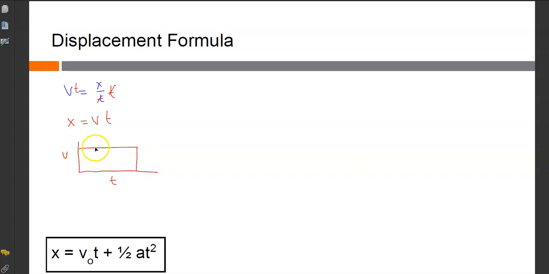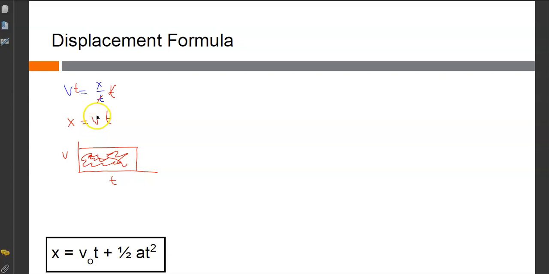I'm going this speed, I do it for this long, and see how I've got all this area in here. Well, let me color that in. I'm trying to cross hatch it. But this space inside here, it's just a rectangle, right?